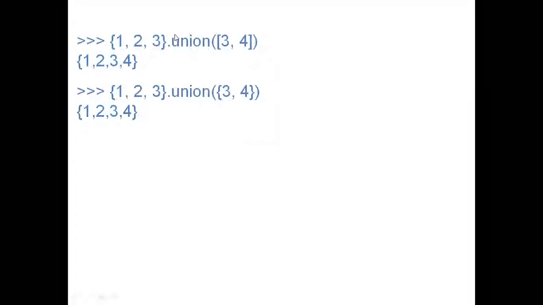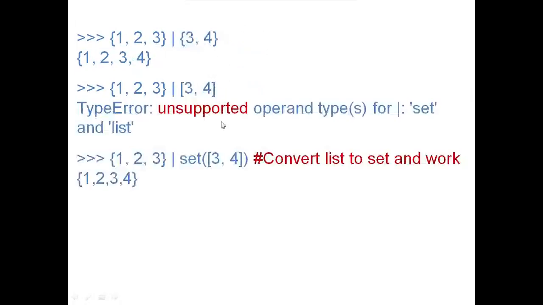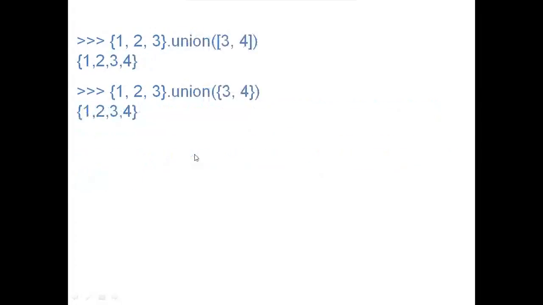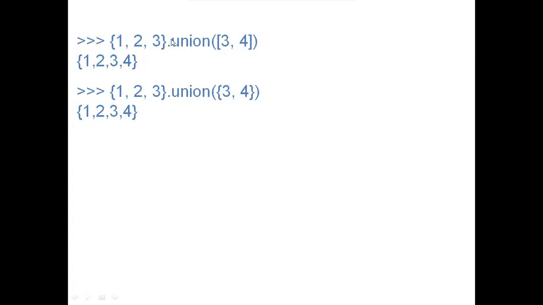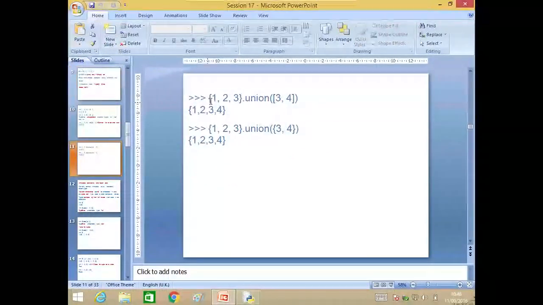And there are two ways in Python. One is the OR operator, the pipe symbol, which you can use for taking union, or else you can use the union function also. This is one set dot union of this. Okay, you can use it like this. Sorry, this will raise an error. Actually, the next one will work.